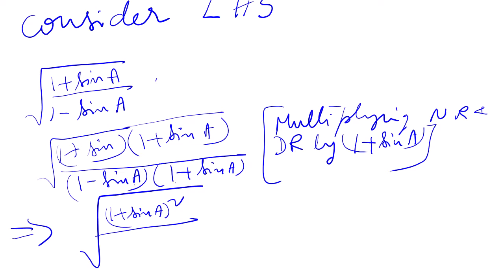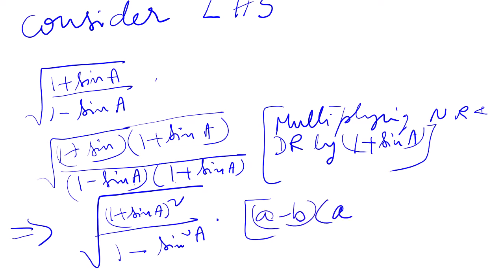Upon, this is a minus b, a plus b, so it will become a square minus b square. So 1 square is 1 minus sin square A. Here we used a minus b into a plus b is equal to a square minus b square.